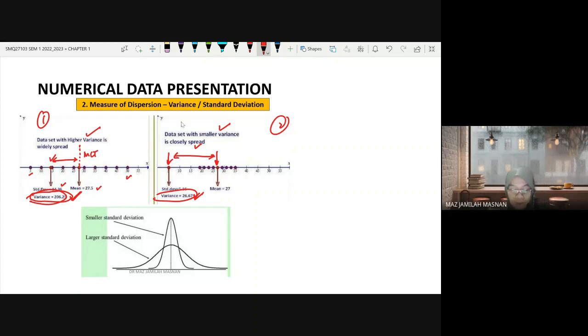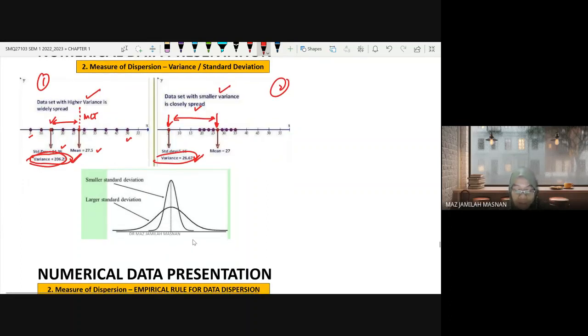If no, let us look at the third figure. Now you have two distributions, symmetric or normal distributions. One with a larger standard deviation and the second with a smaller standard deviation. Now, class, which deviation is good?